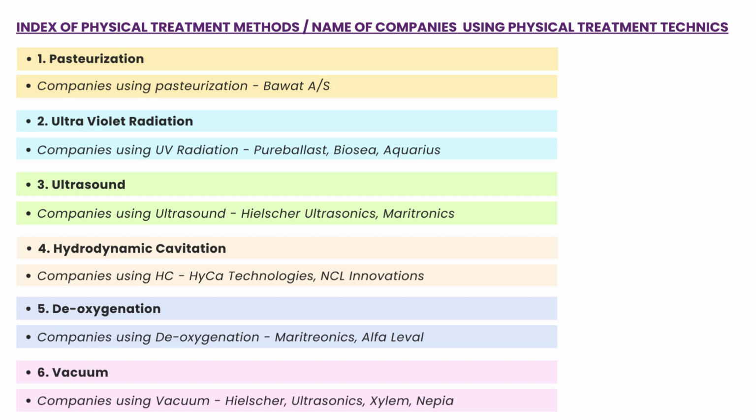Number 4 is hydrodynamic cavitation, used by HyCa Technologies and NCL Innovation. Number 5 is de-oxygenation, used by Maritronics and Alfa Laval, and vacuum is used by Hielscher, Ultrasonics, Xylem and Nepia.